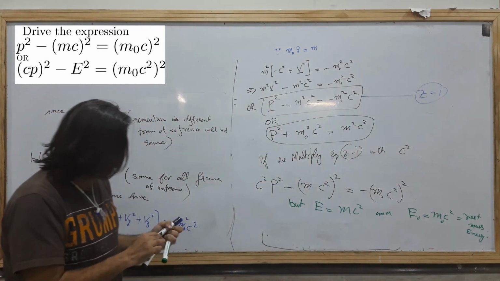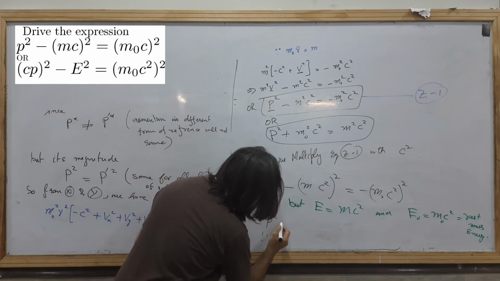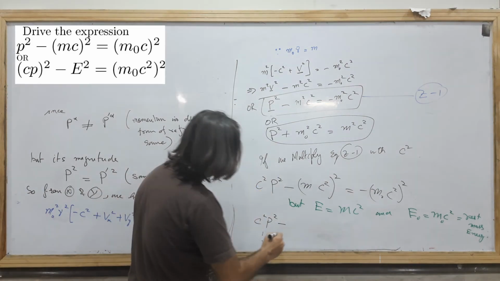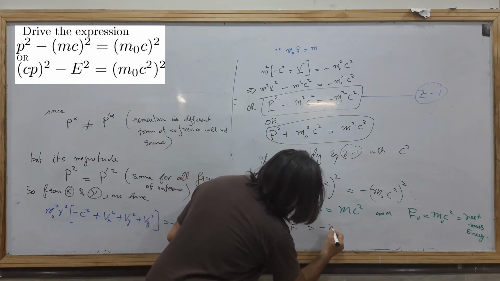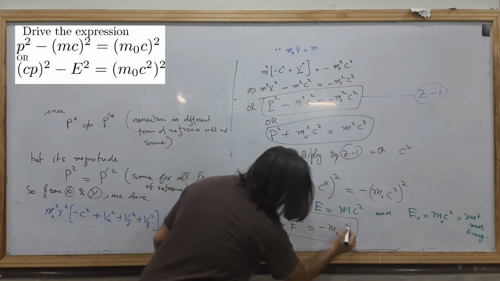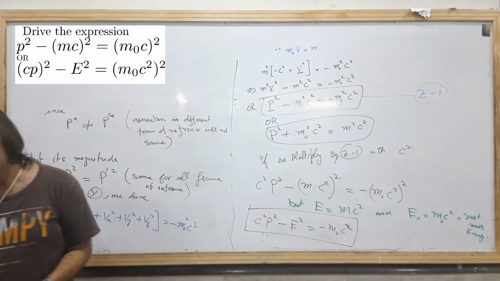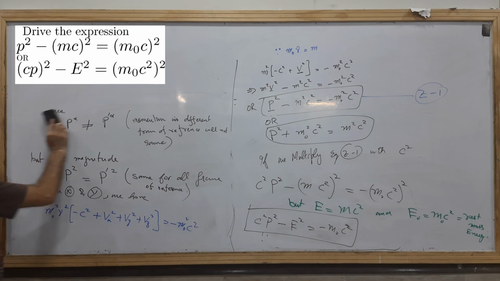In some books the proof is c square p square minus e square इक्वल टू माइनस एम नॉट सी स्क्वायर, ये भी यूज होता है फार्मूला, ठीक है, ओके। बस एक मिनट.